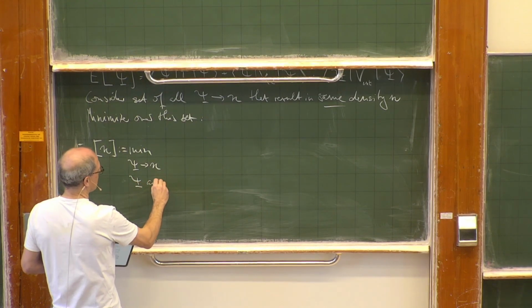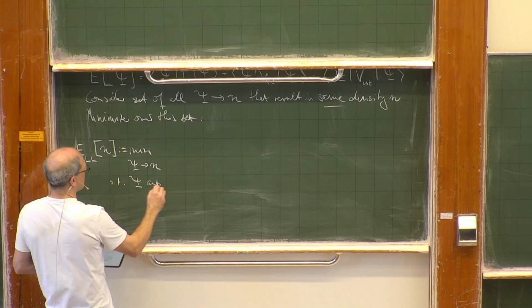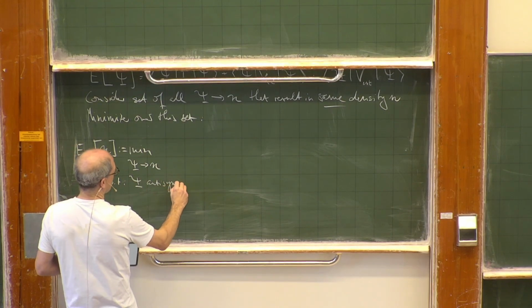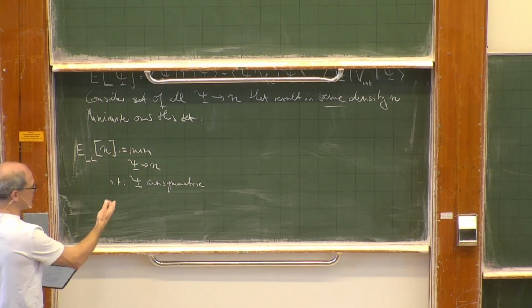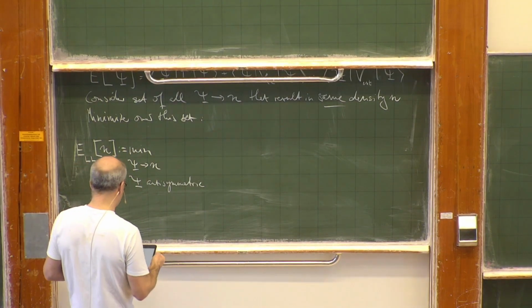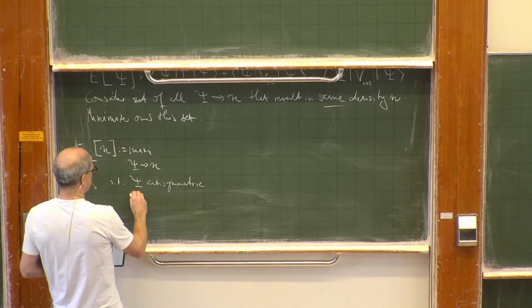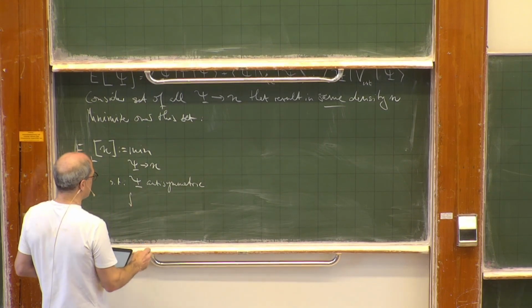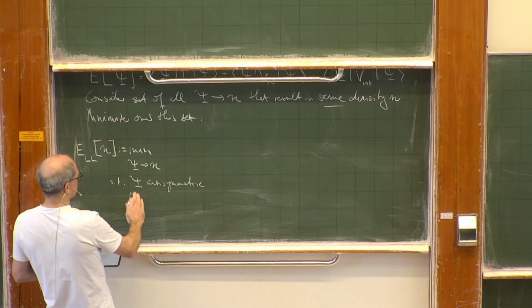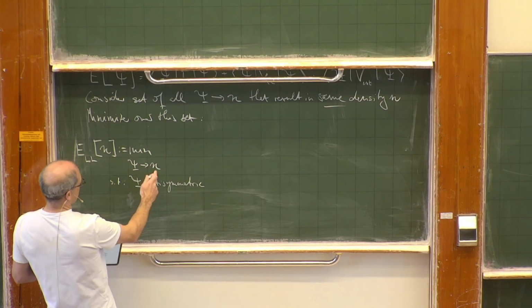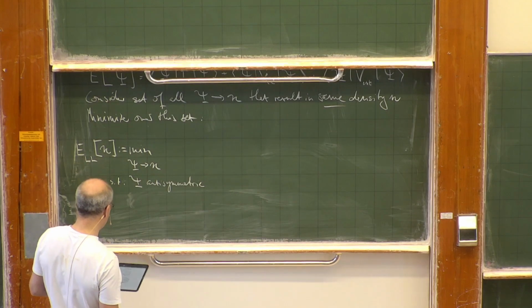So psi must be antisymmetric with respect to particle exchange because it's a fermionic wave function, and it should map to this very same density n here.